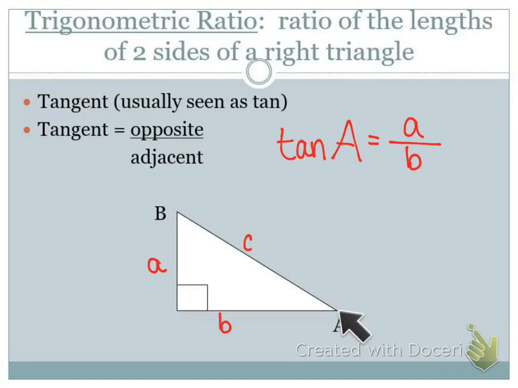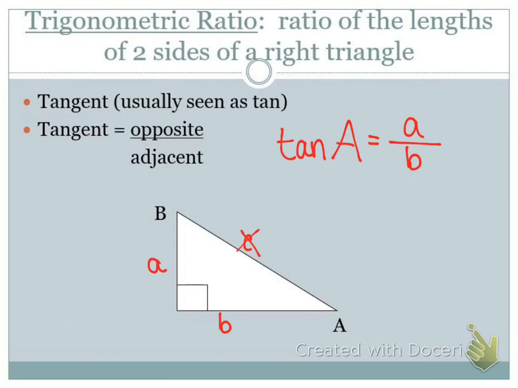Starts with an H. The hypotenuse. When we're using the tangent ratio, we are never using the hypotenuse. So put a little cross out letter C, cross out that side. If you're using tangent, you are not going to use the hypotenuse. Are we all okay with that?